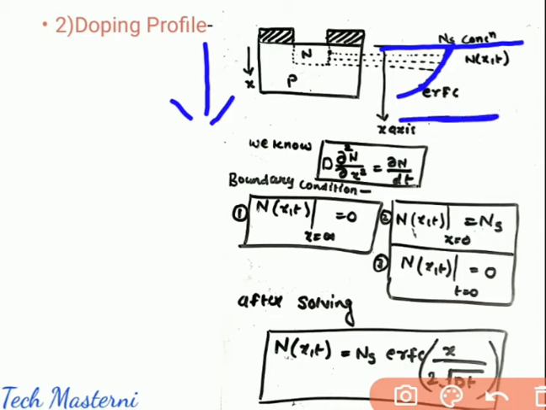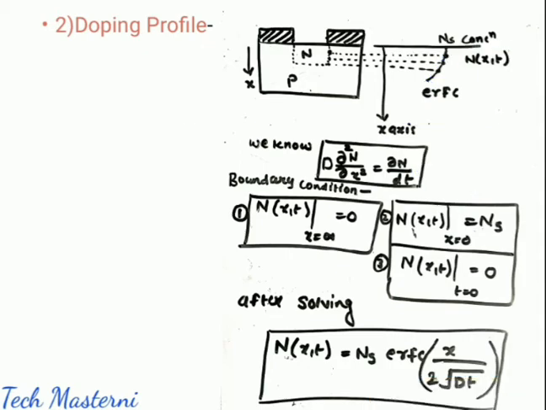So in the previous session I told you this second order differential equation. After solving this second order differential equation, we will get the function of concentration. To solve this particular equation, we will use boundary conditions.